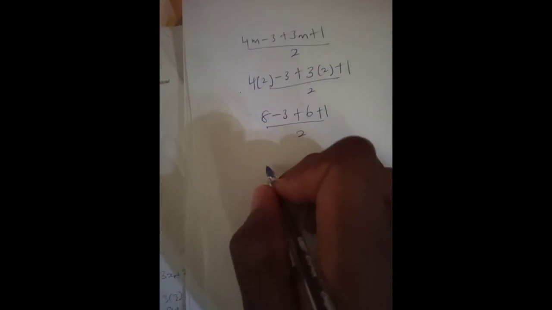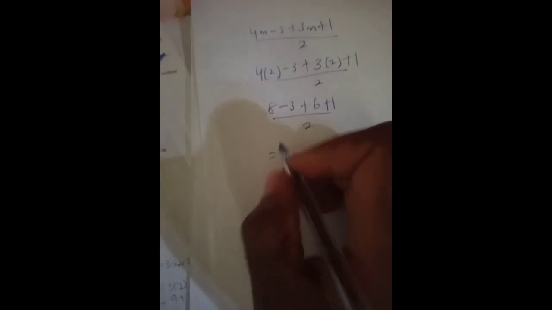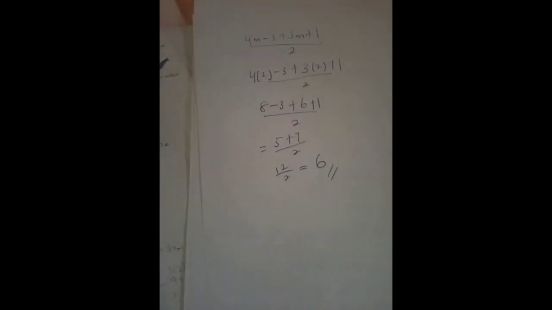So 4 times 2 minus 3 plus 3 times 2 plus 1, all divided by 2. 4 times 2 is 8, minus 3 gives 5. Plus 6 plus 1 gives 7. 7 plus 5 gives 12. 12 divided by 2 is 6. So that means our answer is correct.